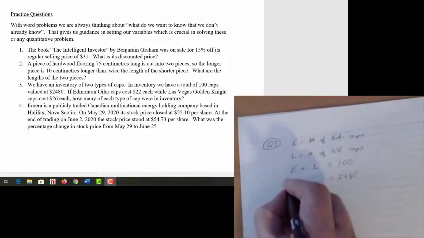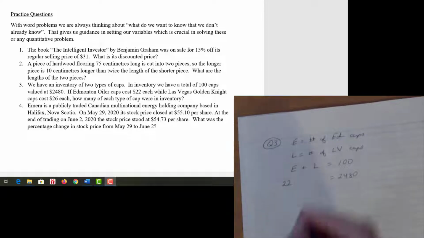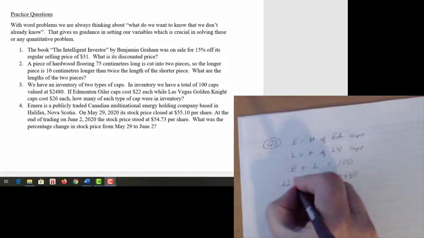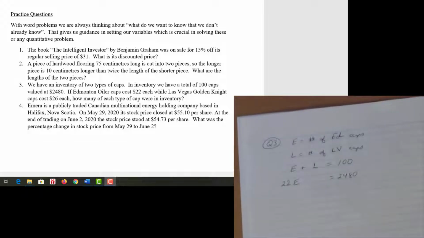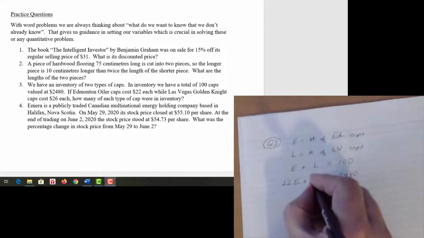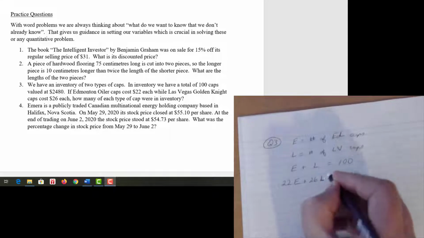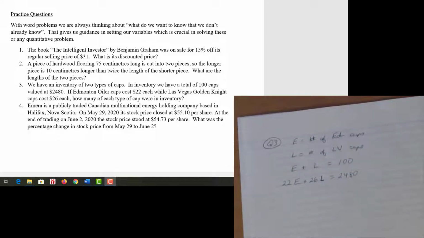So if I take the $22 for one single Edmonton cap, multiply it by the number of Edmonton caps, that represents my total cost of Edmonton caps. I add to that the cost for one single Las Vegas cap multiplied by the number of Las Vegas caps, and I get the total cost of the Las Vegas caps.